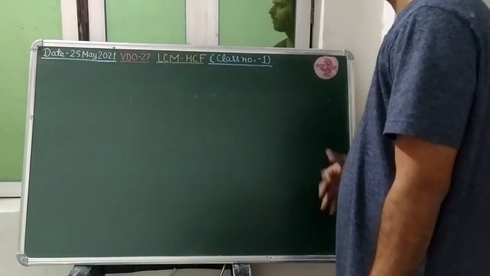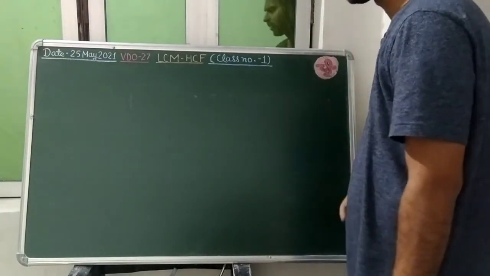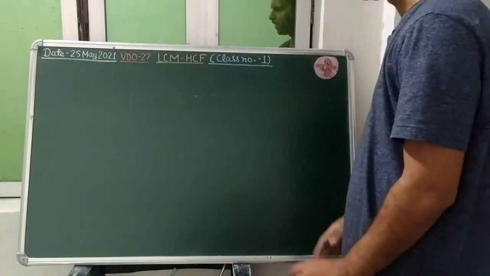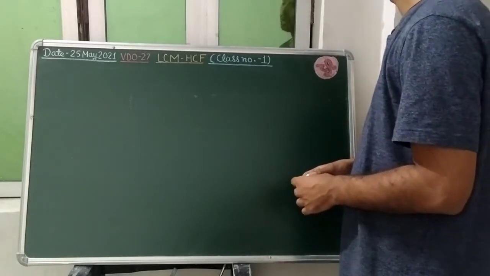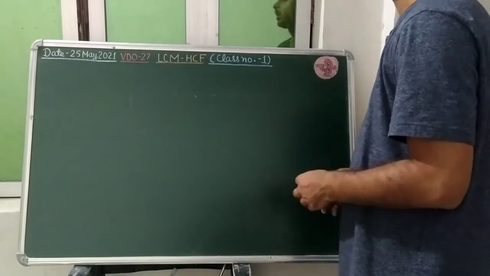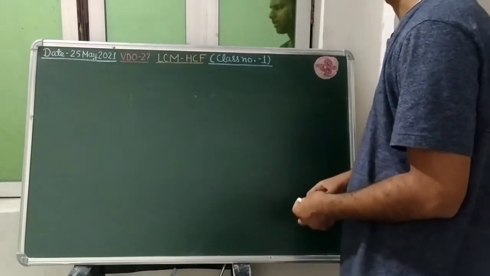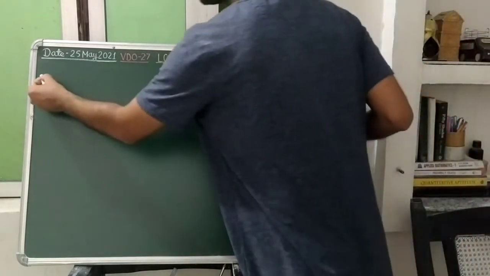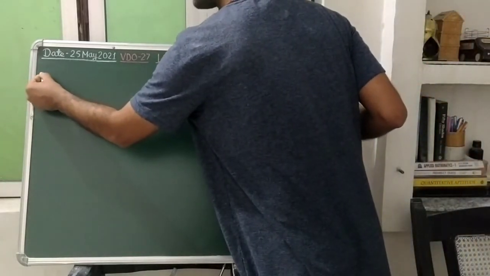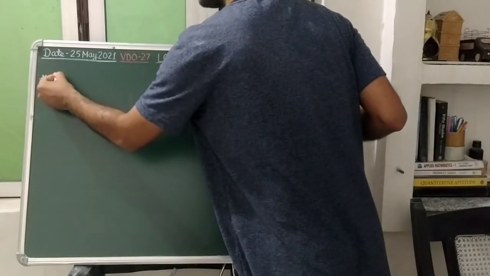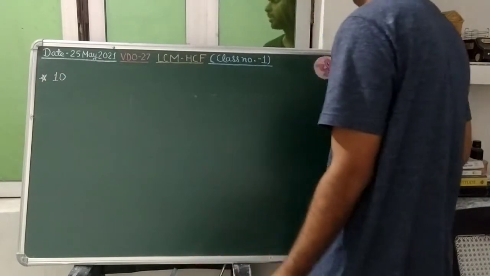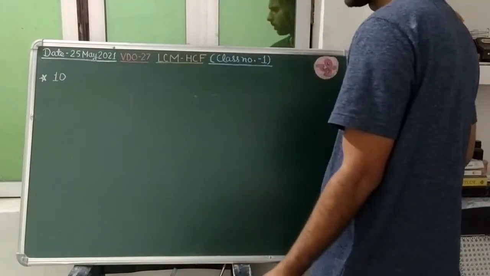So students, we have defined the factors and multiples and have taken some idea about that. Now we shall move on to get more idea about factors and multiples. So students, suppose I am considering a number 10 and want to write the multiples of this number and the factors of this number.